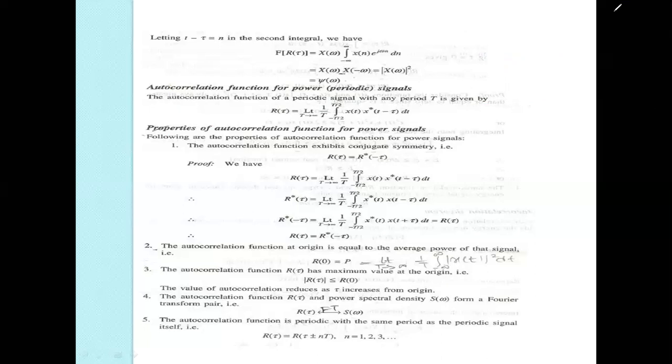The properties of the autocorrelation function for power signals. The first property is the same as for energy signals: R of tau is equal to R conjugate of minus tau only. Let us see that also.